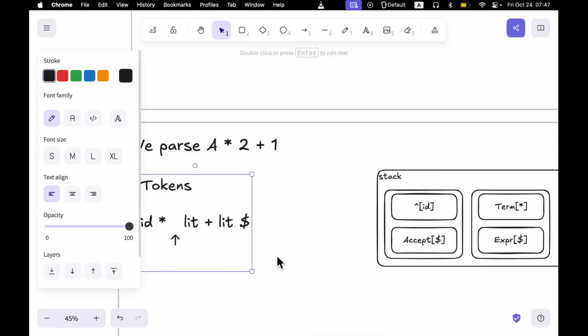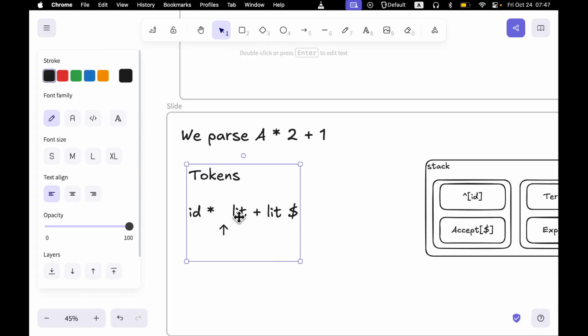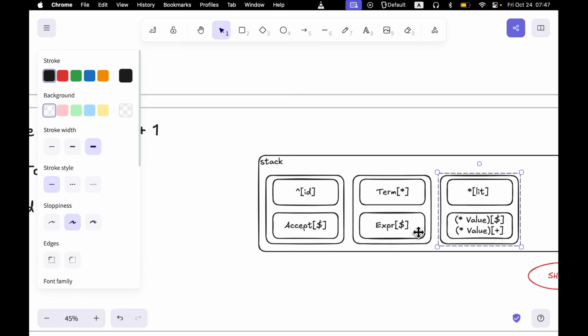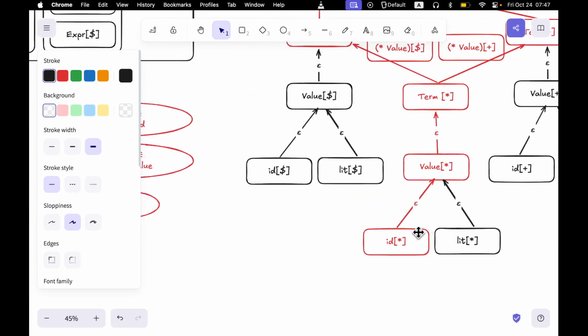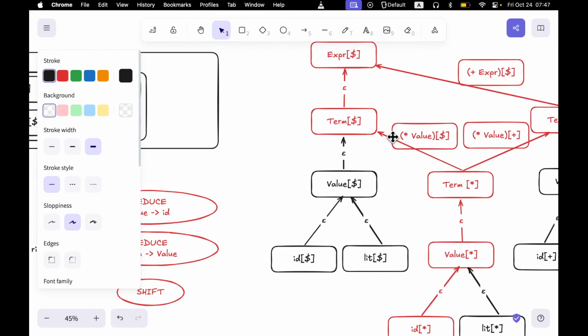So what we have at the last item of the stack is star plus the look ahead of literal, which is this, and we want, because we were in the process of this, and it required either parenthesized star values with the look ahead of dollar or a parenthesized star value with the look ahead of plus.